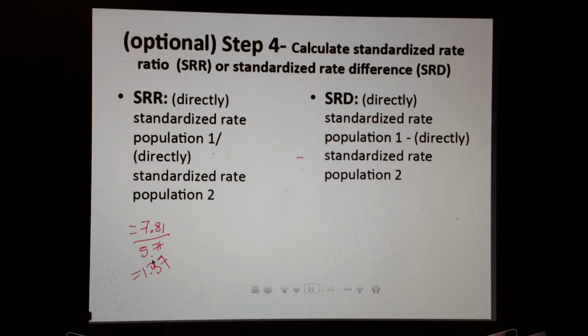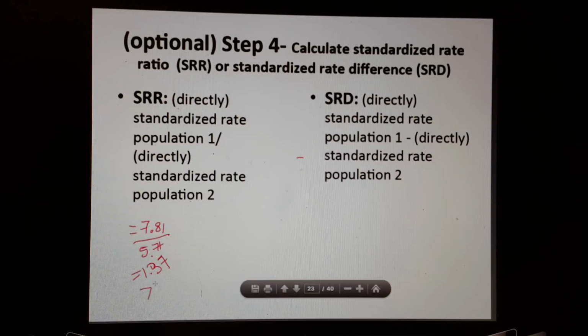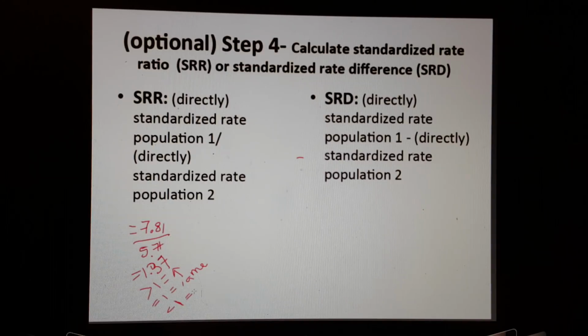If this is larger, it means that population 1 has a higher rate than population 2 by about 37%. So let's say greater than 1 equals higher rate, 1 equals the same, and if it's less than 1, that means that there is a lower rate. Okay, so that's all that SRR is telling you. You also don't need the scaling factor here because it's just a ratio.